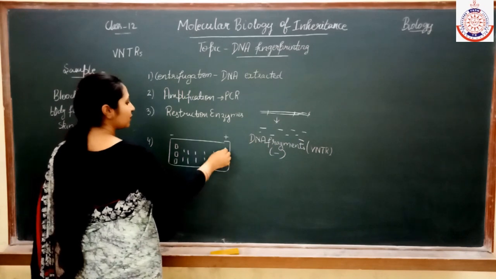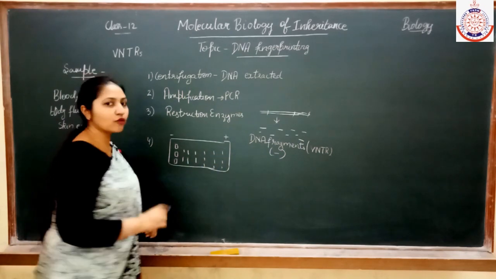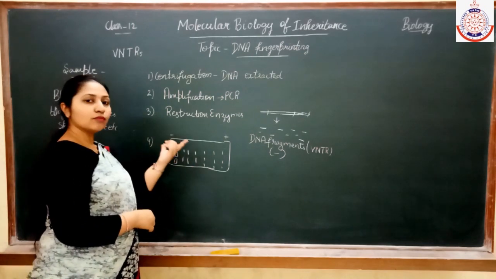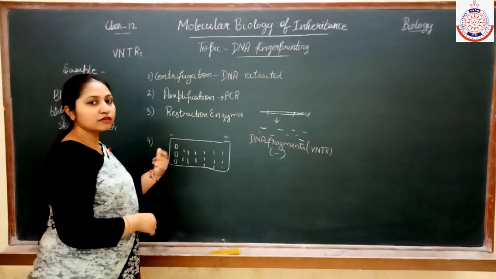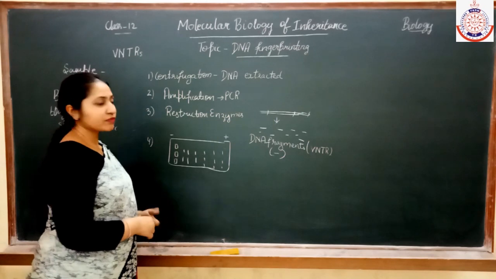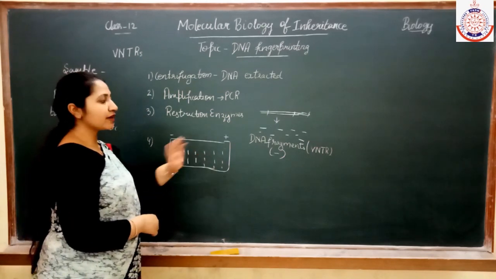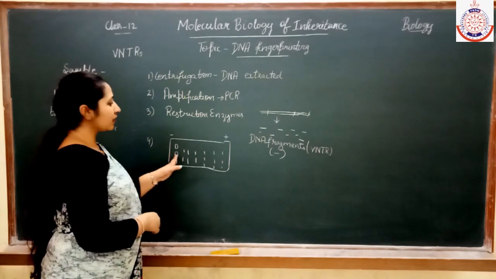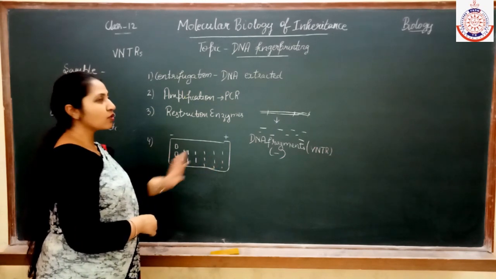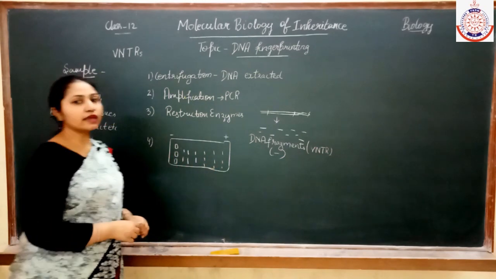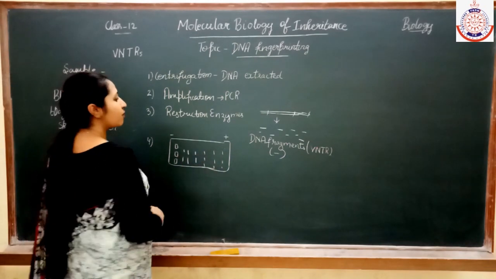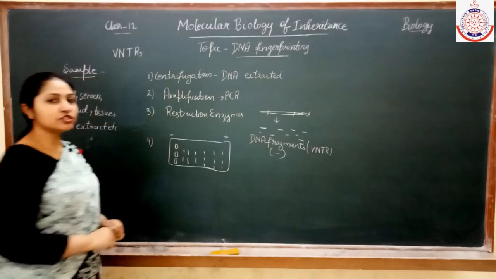The DNA which migrates fast is of small length, and the DNA having a large size will run slowly. On this basis the DNA fragments get separated. And why do the DNA fragments run from here to here? Because they acquire a negative charge and move towards the positive charge of the gel.